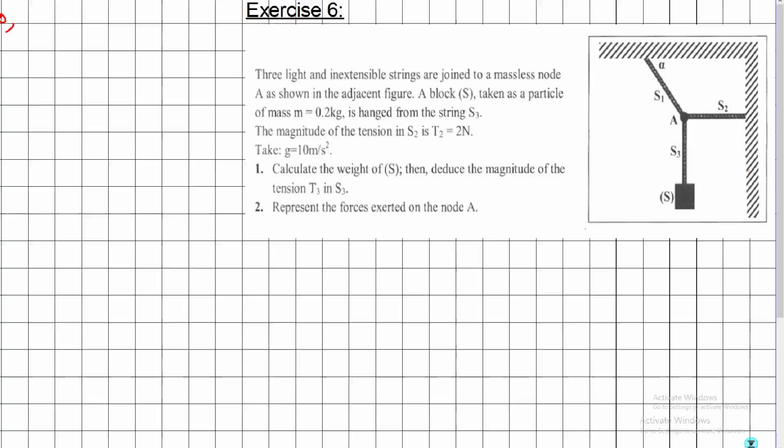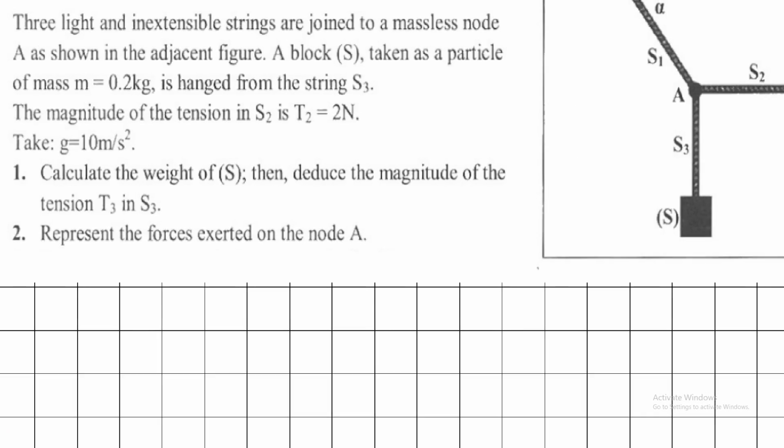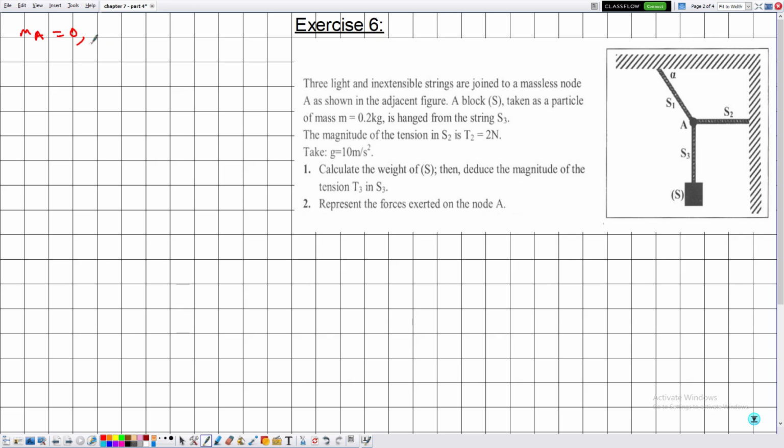A block S taken as a particle of mass m equal to 0.2 kilograms is hanged from the string S3. The magnitude of the tension in S2, T2, is equal to 2 newtons. And take g equal to 10 meters per second squared, which is equal to 10 newtons per kilogram.